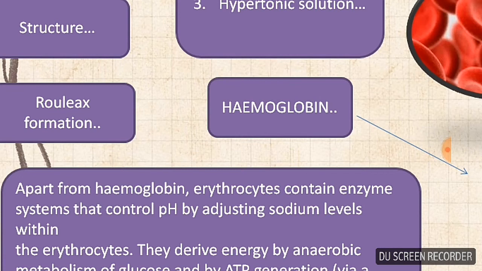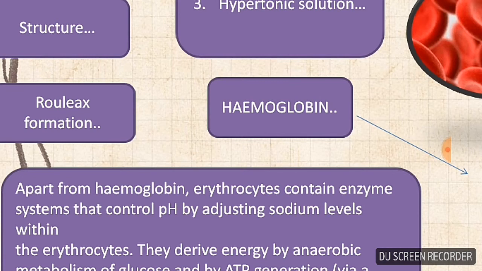Fine. Next, coming to the hemoglobin. We all know that hemoglobin is a pigmented one, and in this the globulin is bound to the iron containing porphyrin, which is called the heme.